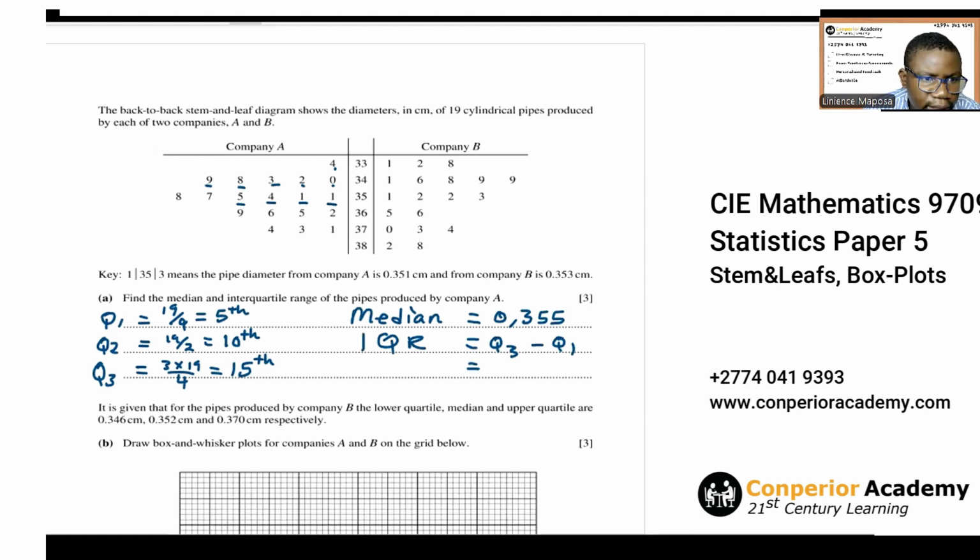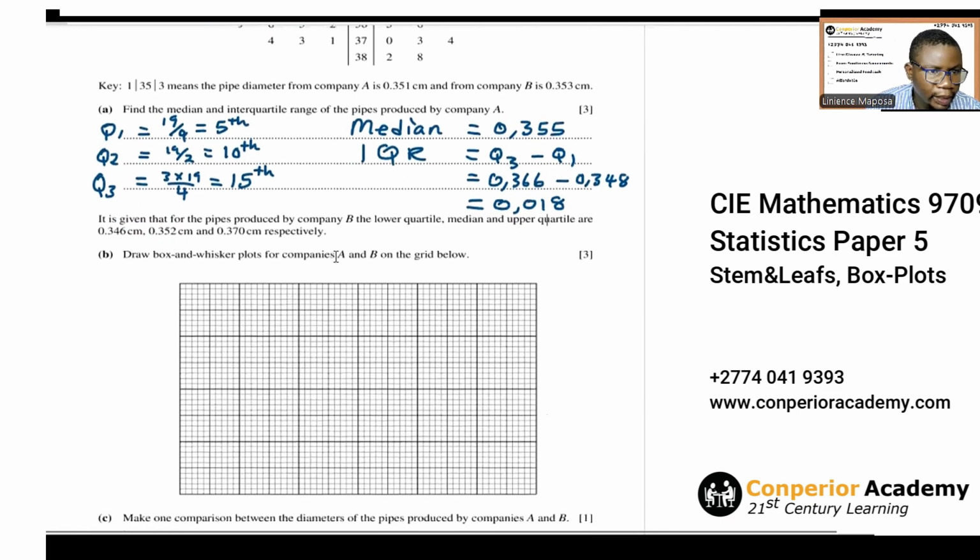So if this is 10, that will be 11, 12, 13, 14, 15. That's 0.366 minus the 5th value, that's 1, 2, 3, 4, 5, 0.348. And then you just subtract these numbers, 0.366 minus 0.348. That gives you 0.018. So the interquartile range is 0.018. We are done with that question.